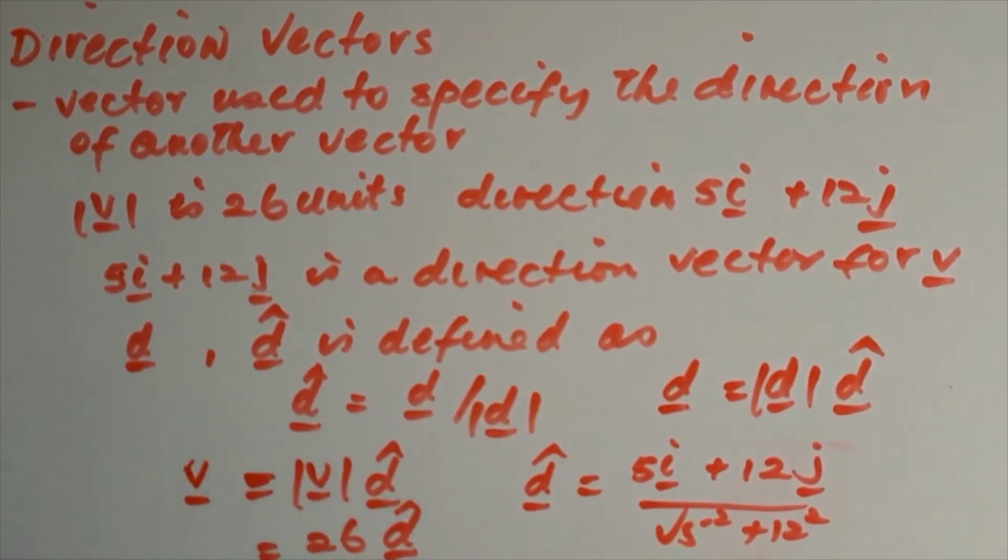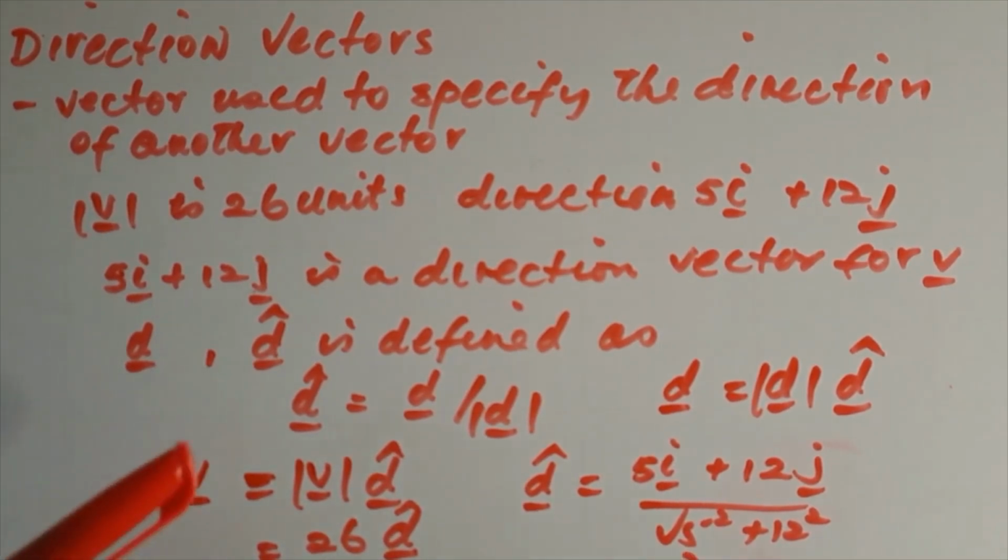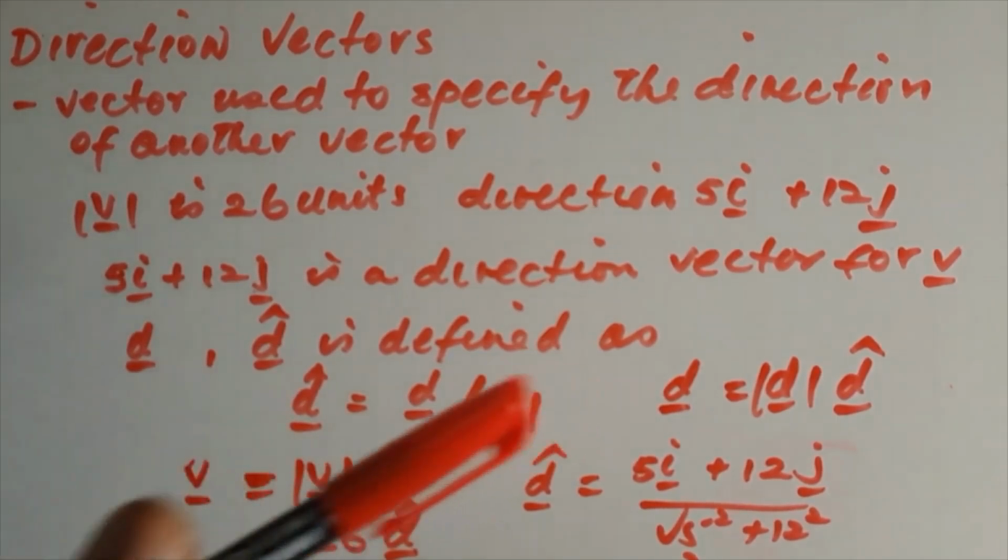Now, this evaluates to 13, so our unit vector in this direction, 5i + 12j, is now written as 1 over 13 times 5i + 12j.